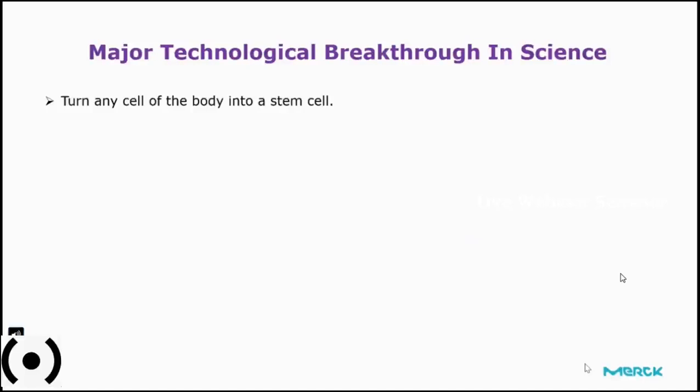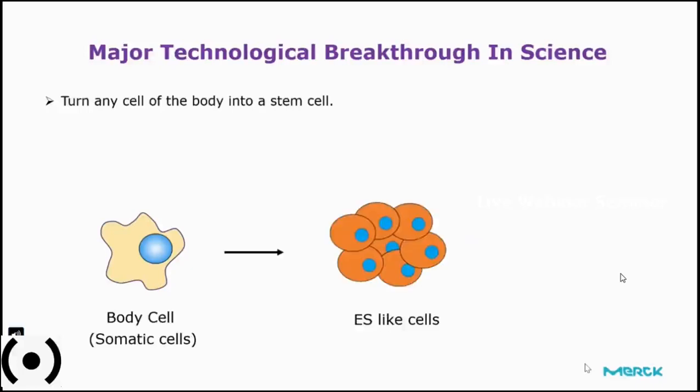Any body cell, your skin cells, your heart cells, your muscle cells, your nerve cells, you can convert them into stem cells. It's really interesting. So these are your body cells, somatic cells. You can convert them into embryonic stem cell-like cells. So this is really a major technological breakthrough in science, right?